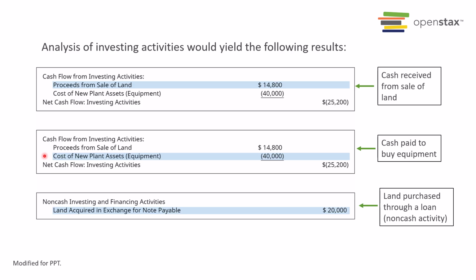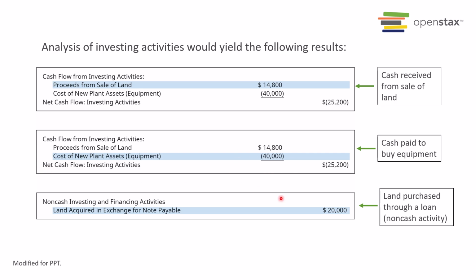So we want to see cash coming in from selling our fixed assets long term, and we want to see cash going out for any property, plant, and equipment that we purchased. And that's all we're going to list in this section. Proceeds coming in, costs of purchases going out.